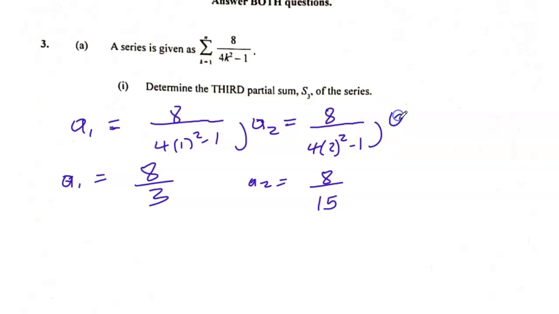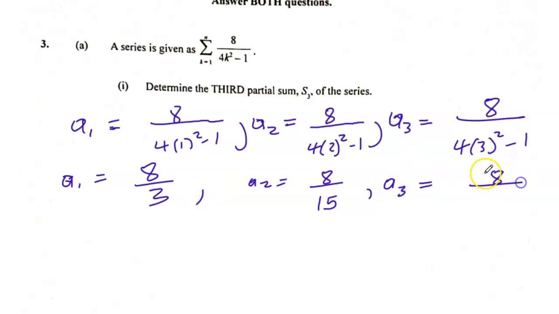And the third term, I'm replacing k with 3. So it's 8 over 4 times 3 squared minus 1. So the third term will be 8 over, now 3 squared is 9, 9 times 4 is 36, 36 minus 1, that's 35.